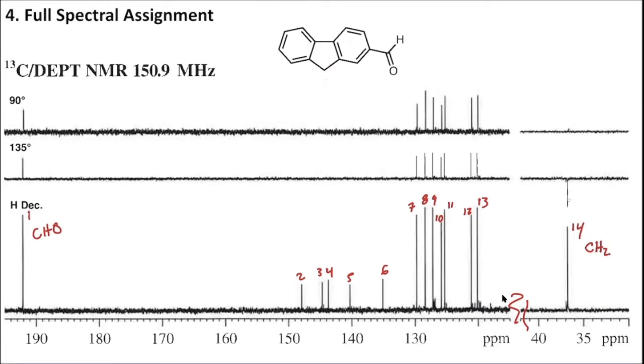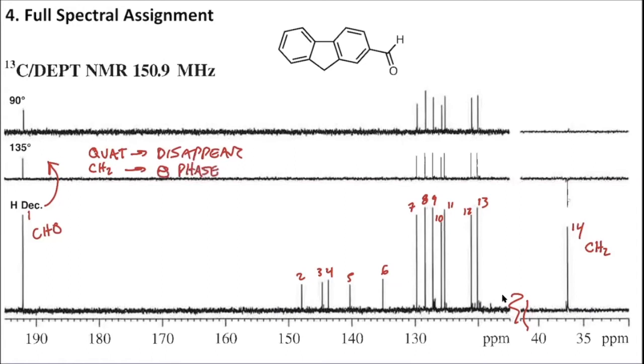As we go from the proton decoupled to the 135, we see two different changes. So recall this from last fall. If we have any quaternary carbons, they disappear. And if we have any CH2s, they switch to a negative phase.